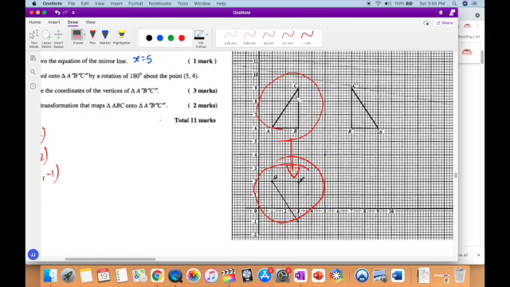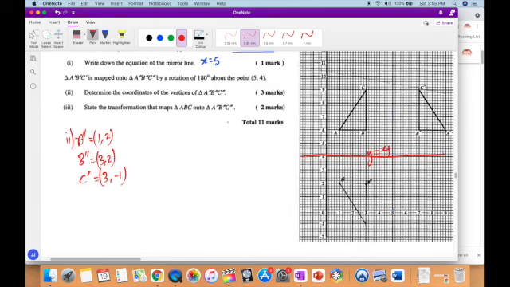What transformation will map this onto this? Well, we could see that it's not a translation, because a translation means that it would have looked the same, right? We can actually see here that it is a reflection, and this here is the mirror line, the line y is equal to 4. And so for 2 marks, we can see that the transformation is a reflection, and reflection is given by M, isn't it?